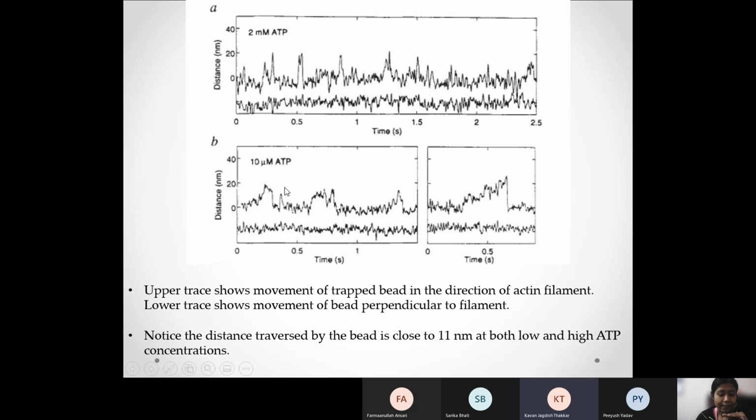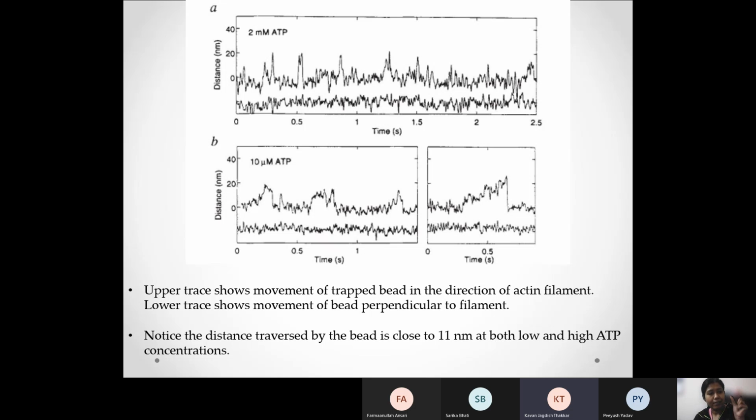Which brings us back to the question that one of you had asked in the last class: does one ATP hydrolysis give one step? So this whole game comes back to that. If you think that one ATP hydrolysis is giving rise to one step, then if you increase the ATP concentration, the number of steps would increase, but the step size cannot increase. The step size remains the same.